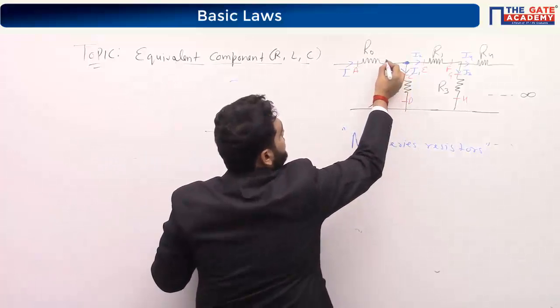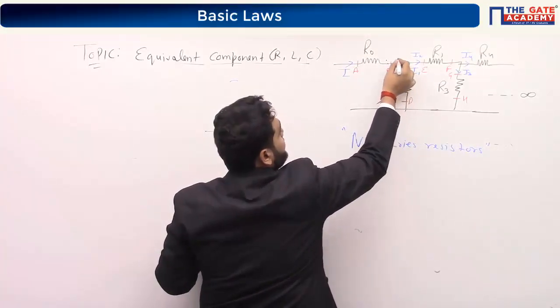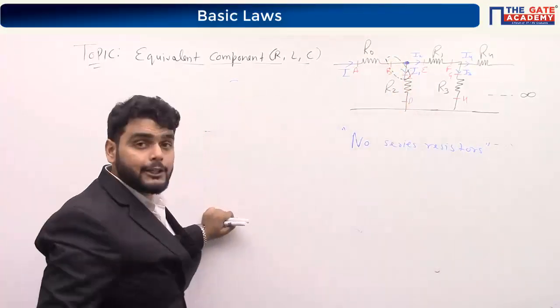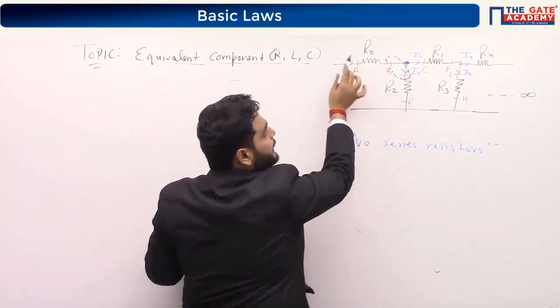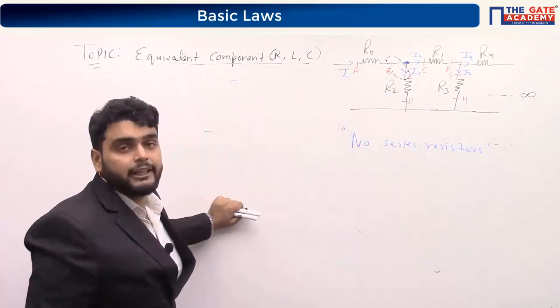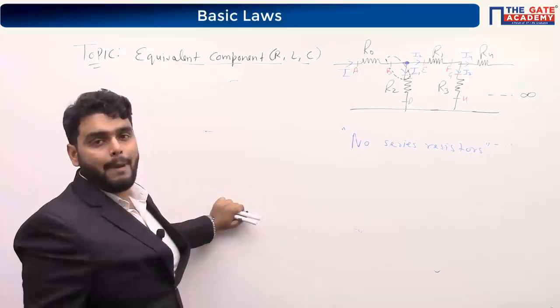You can see B and C are connected to each other, but the other terminals A and D are not connected. So this is not parallel.